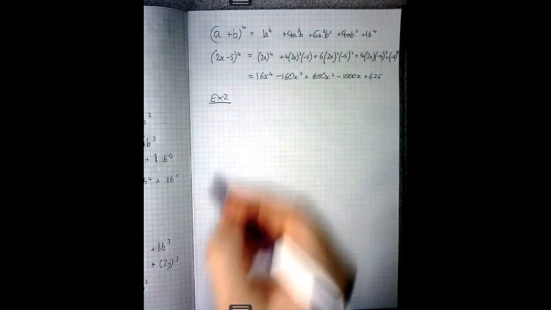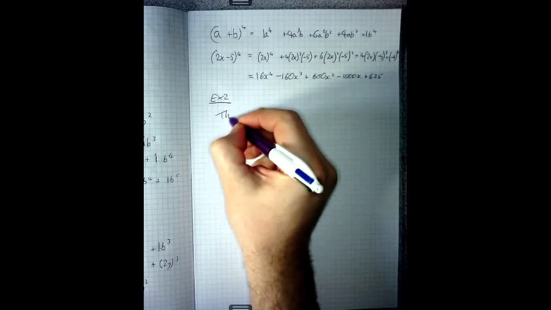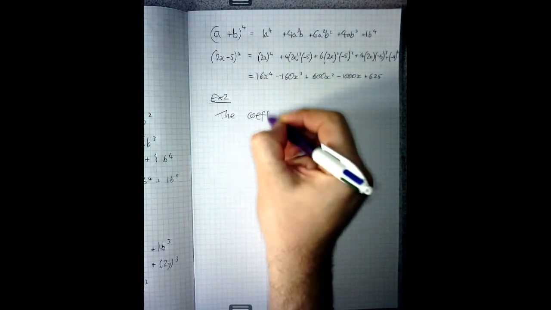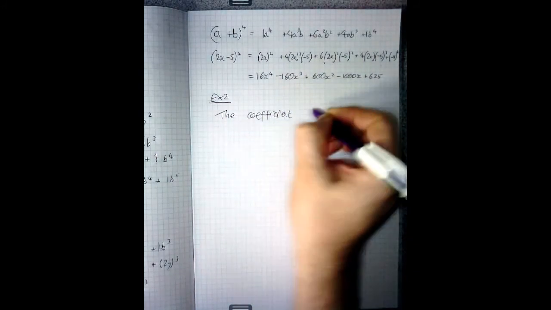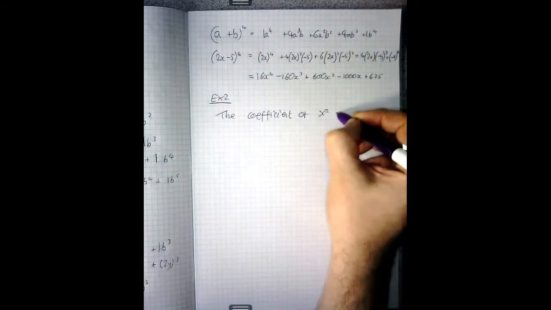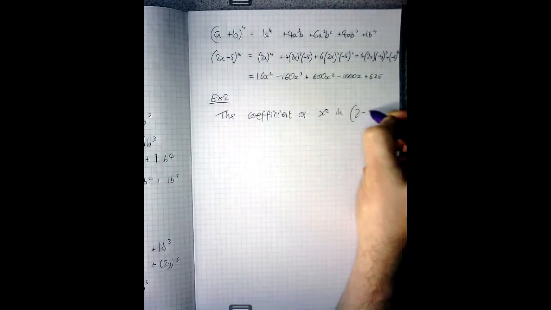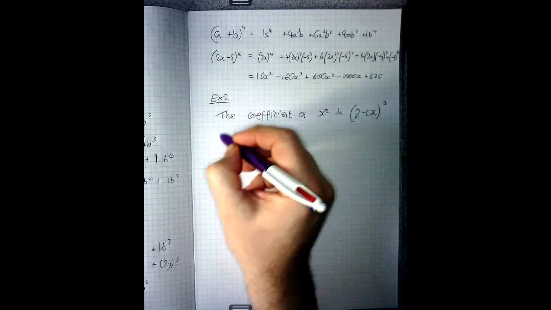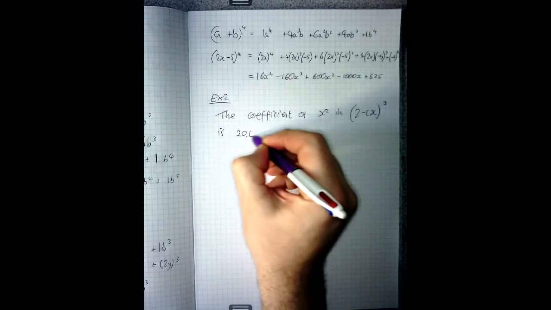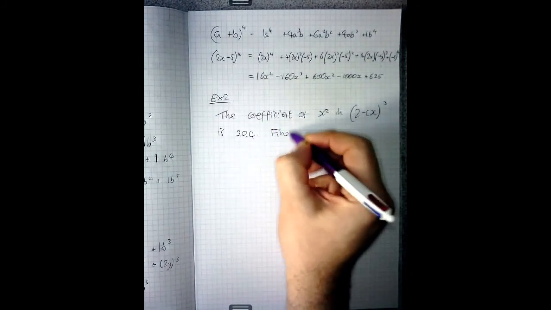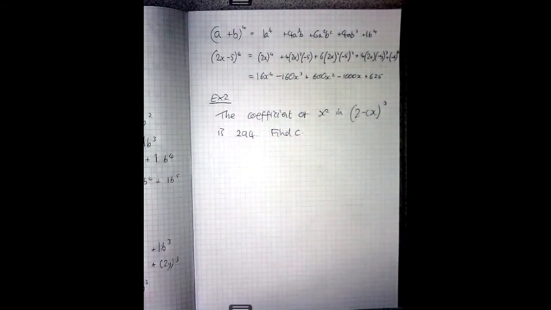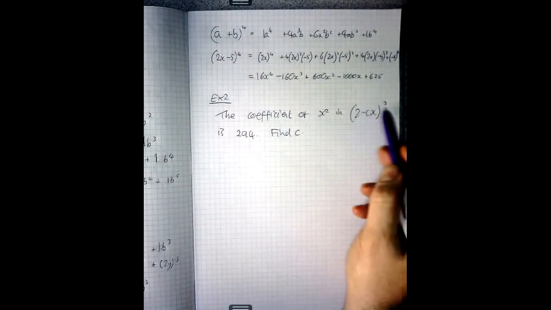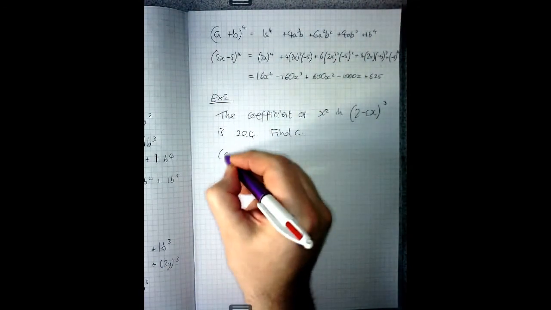Example 2, I just want to look for a specific term in an expansion. So the coefficient of x² in (2 − cx)³ is 294. Find c. Well, this is a cubic expansion.